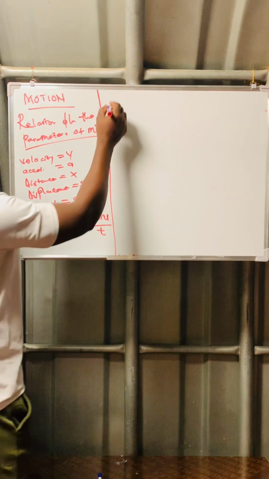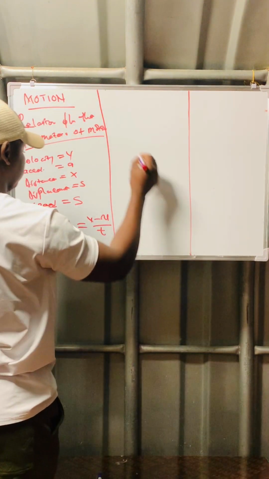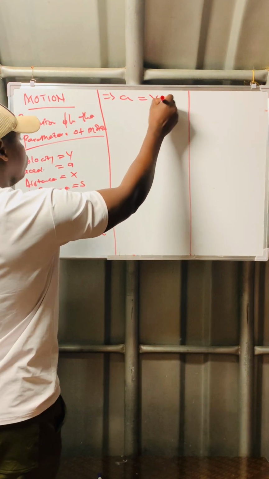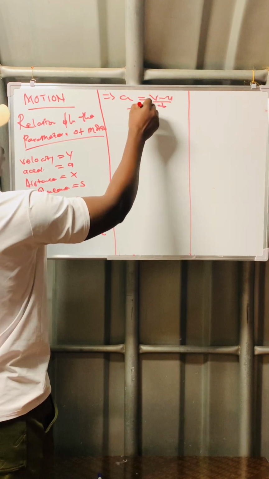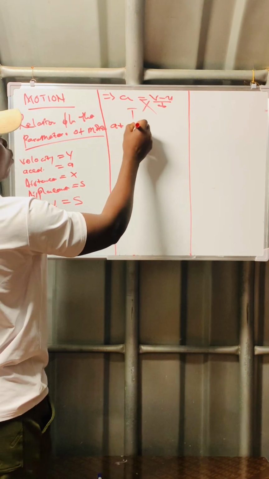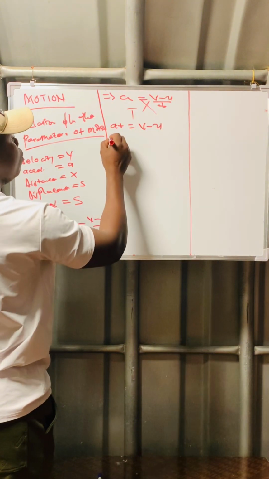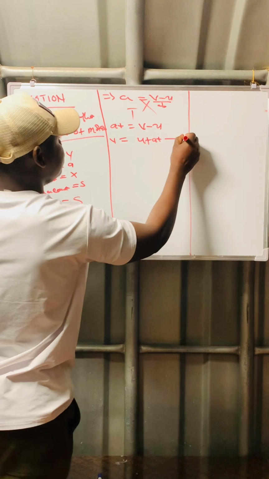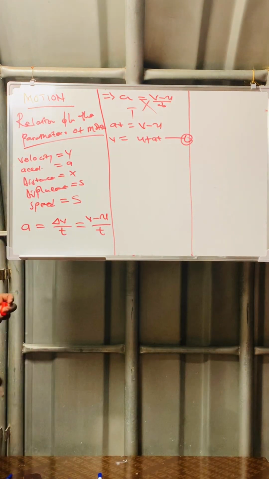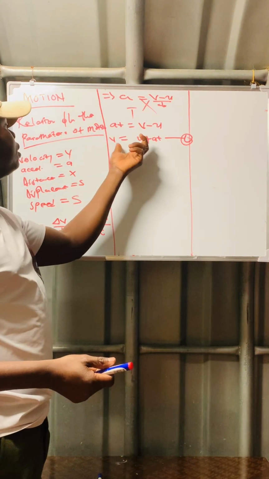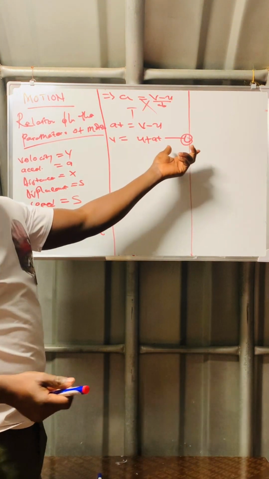So a is equal to v minus u all over t. Let's turn this into a linear equation. By cross multiplying, we get at equal to v minus u. We get v equal to u plus at. This is known as the first equation of motion. Looking at the equation, you can see that it relates initial and final velocity, acceleration, and time.